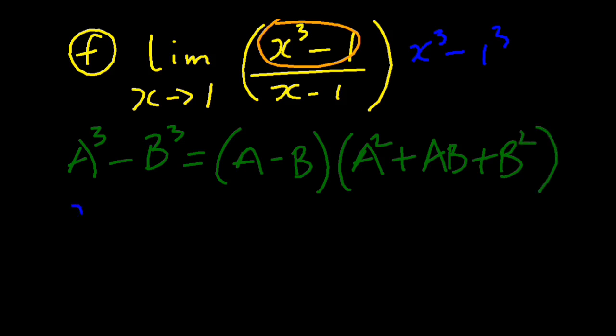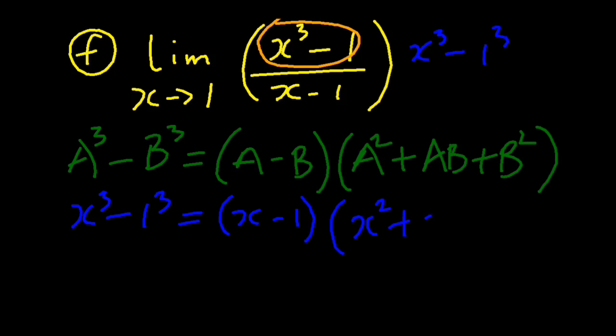Therefore, x raised to power 3 minus 1 raised to power 3 is also equal to x minus 1 into x raised to power 2 plus x times 1 is x, so plus x plus 1 raised to power 2, which is 1. Now let's substitute for this.